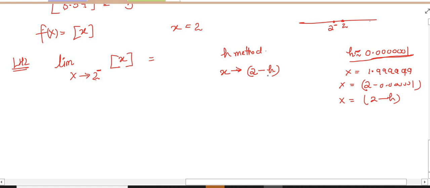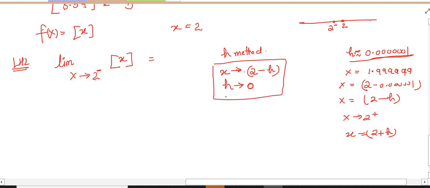Similarly, if I have to write x is tending to 2 plus, we write x as 2 plus h. And at that moment h is tending to 0. So in the h method we make these changes in the question.